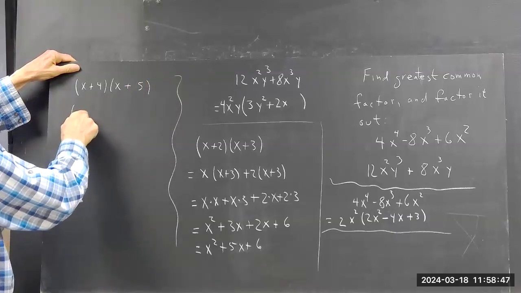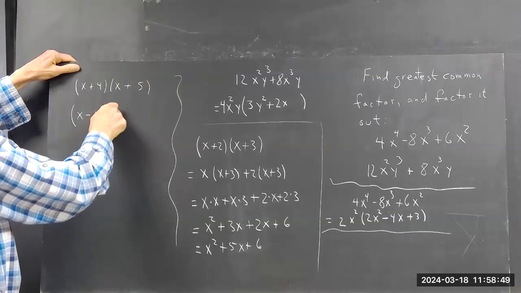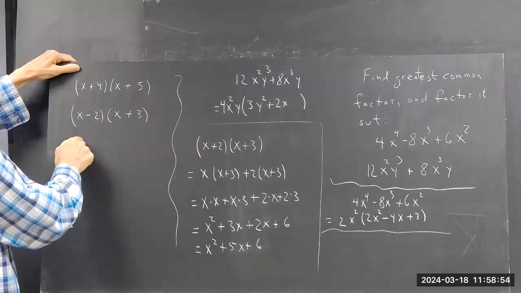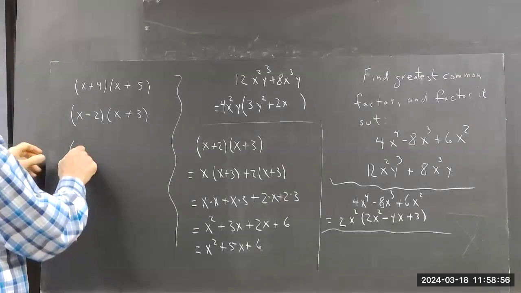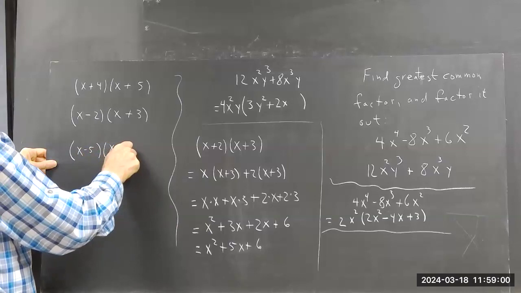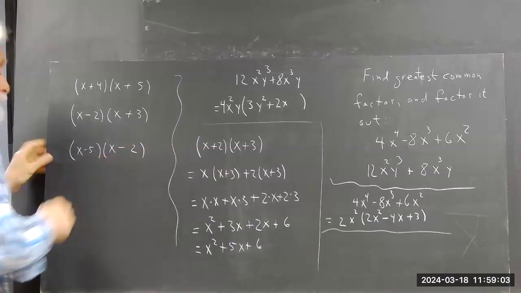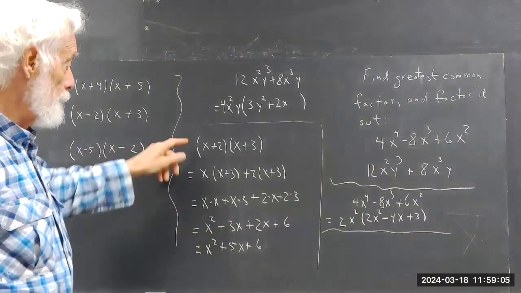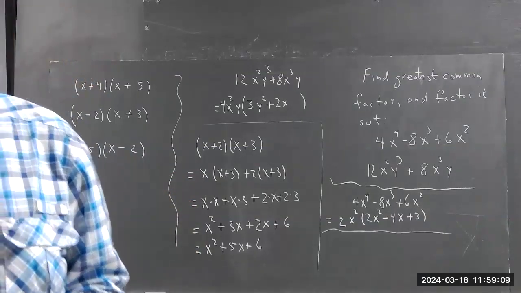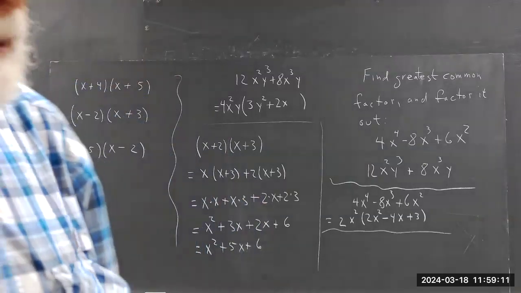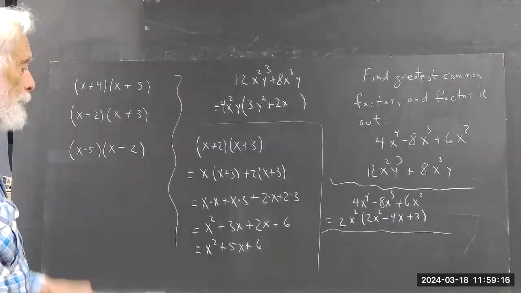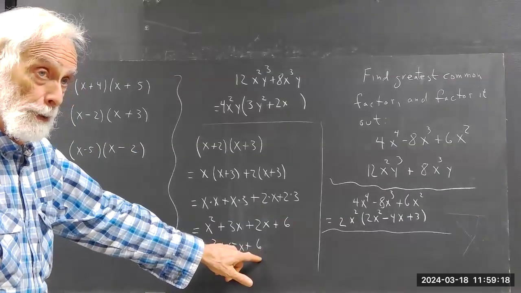Now let's try x minus 2 times x plus 3. Then let's do x minus 5 times x minus 2. And let's write these out in detail, every step of the distributive law, so that we begin to understand how the numbers that we have here give us the numbers that we end up with here.